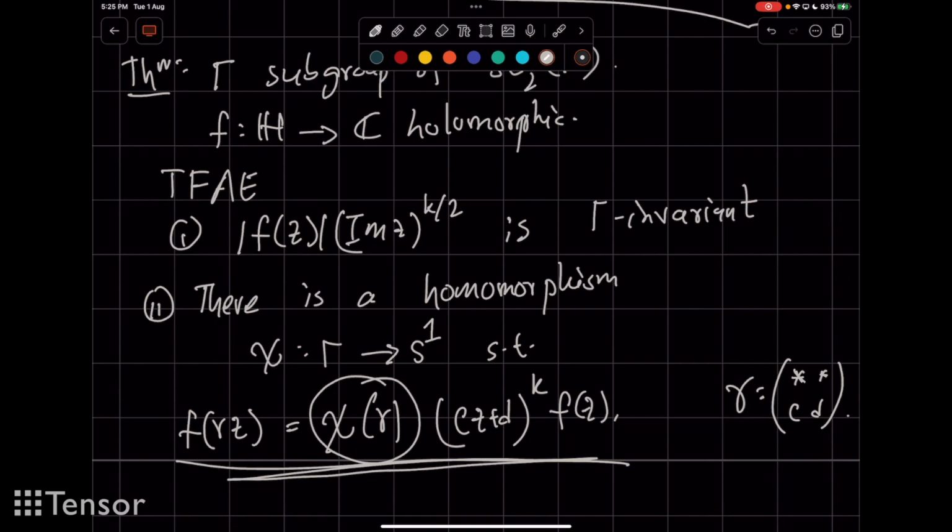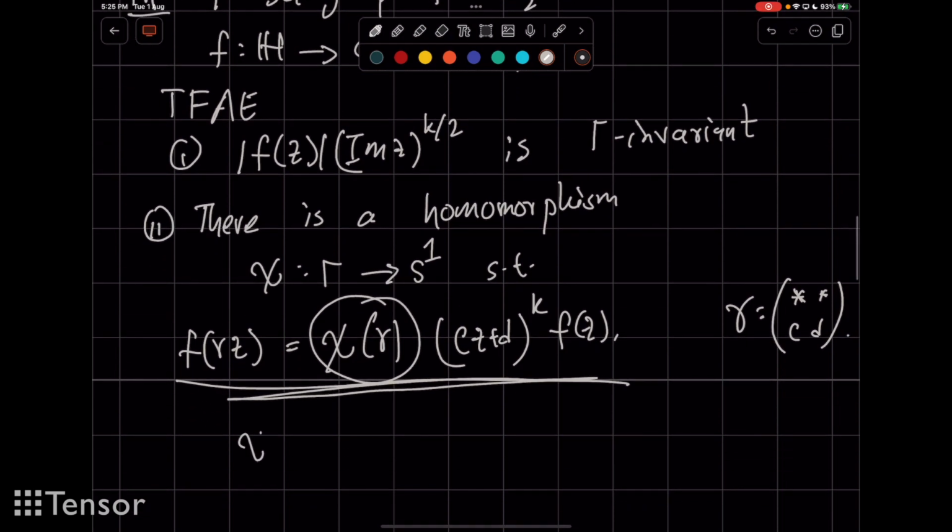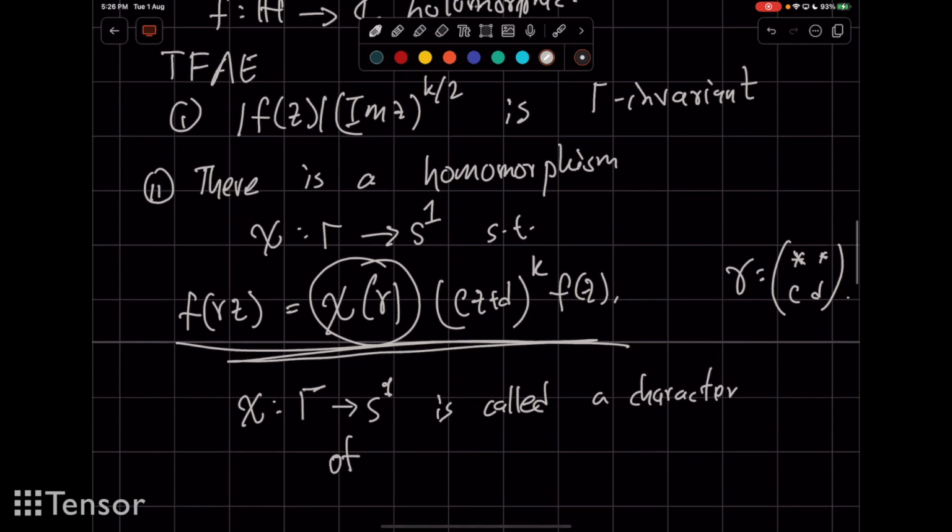This homomorphism χ from Gamma to S^1 is called a character of the group Gamma. Many authors call it a Dirichlet character.